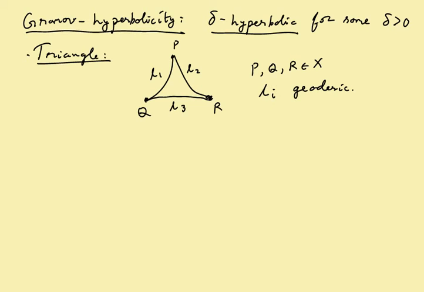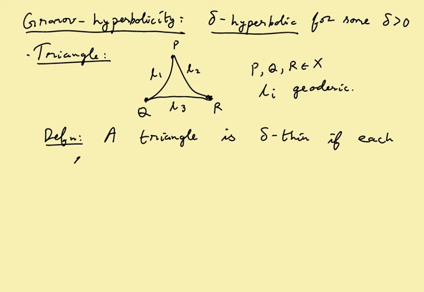Okay, so definition here, we have seen this in hyperbolic space. A triangle is delta thin if each side Li is contained in the delta neighborhood of the other sides.